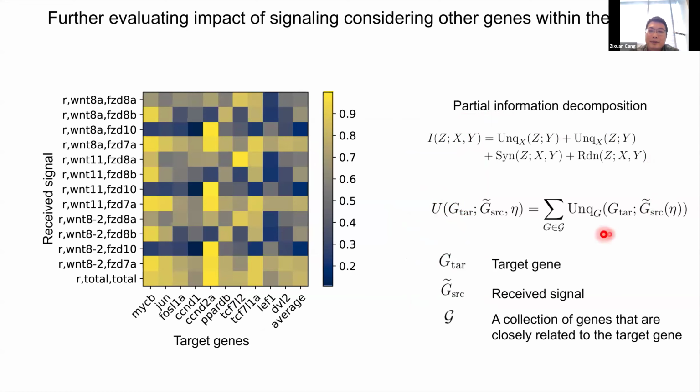It basically captures the information that can be told, for example in this case, the information that can be told by Y about Z, given the information of X. In our application, we care about the information that can be told by one particular cell-cell communication process about one particular gene of interest, given the background genes in the same cell.